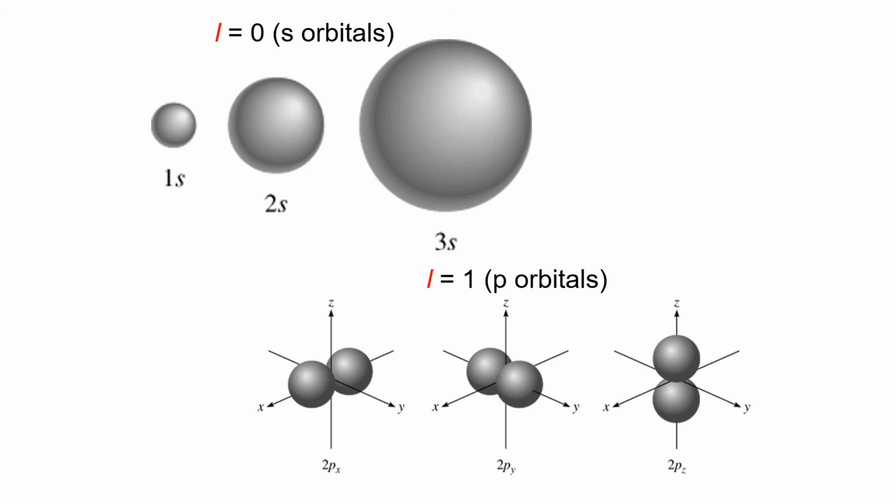So when L equals 0, we have s orbitals, as we just saw, and these orbitals are spherical in shape. There are only two shapes you're going to have to know, and this is one of them.